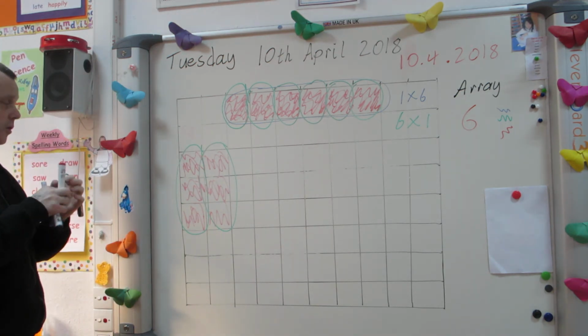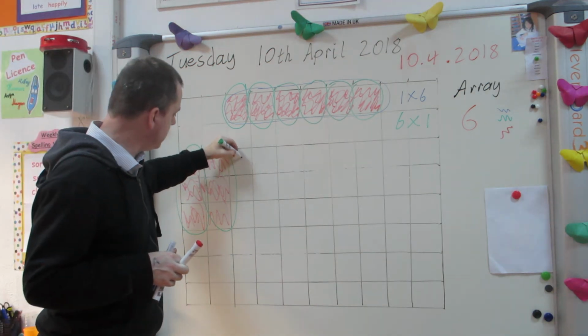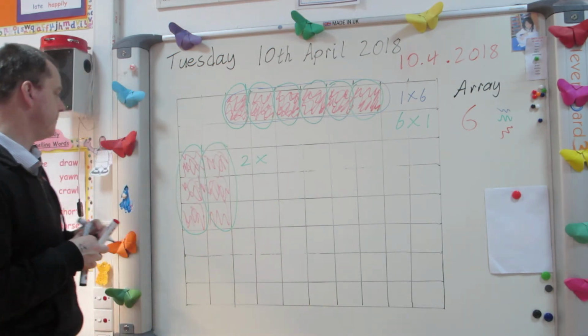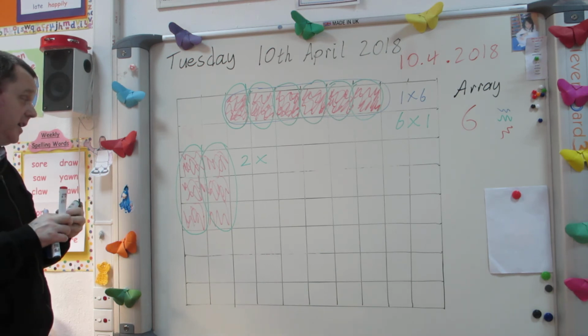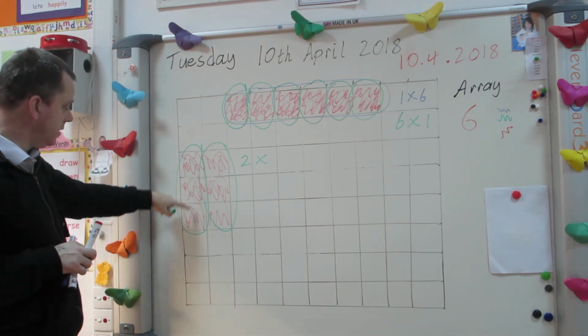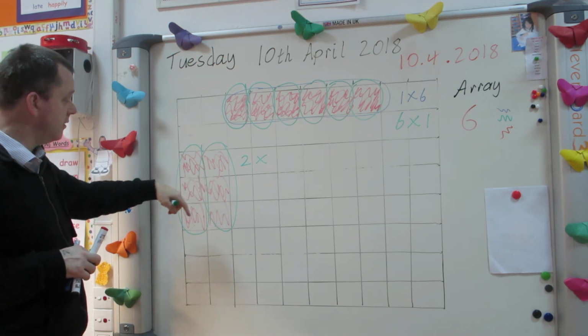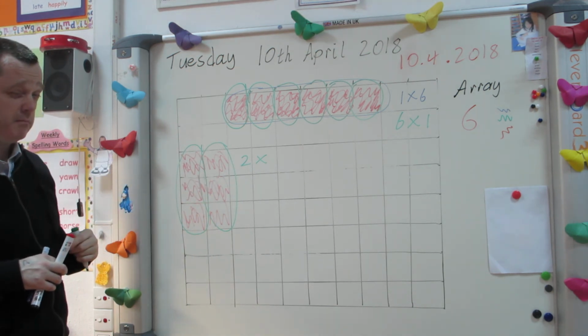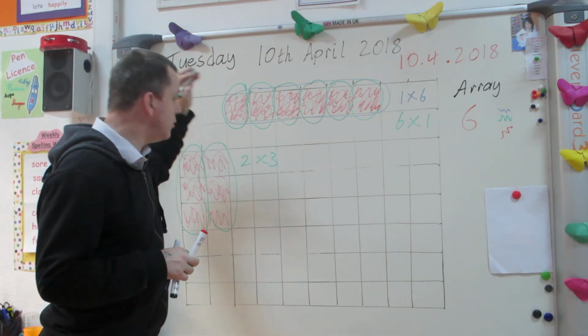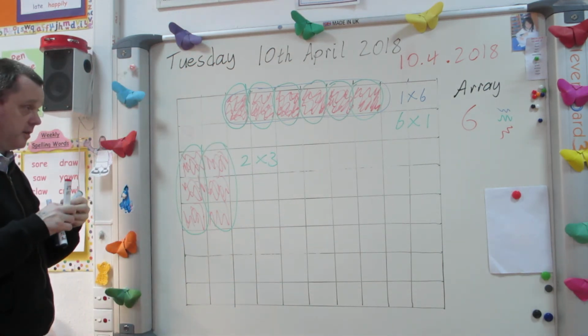So 2 groups of, or 2 times, how many are in each group? 1, 2, 3, 1, 2, 3. So each group has 3. Okay, so 2 times 3.